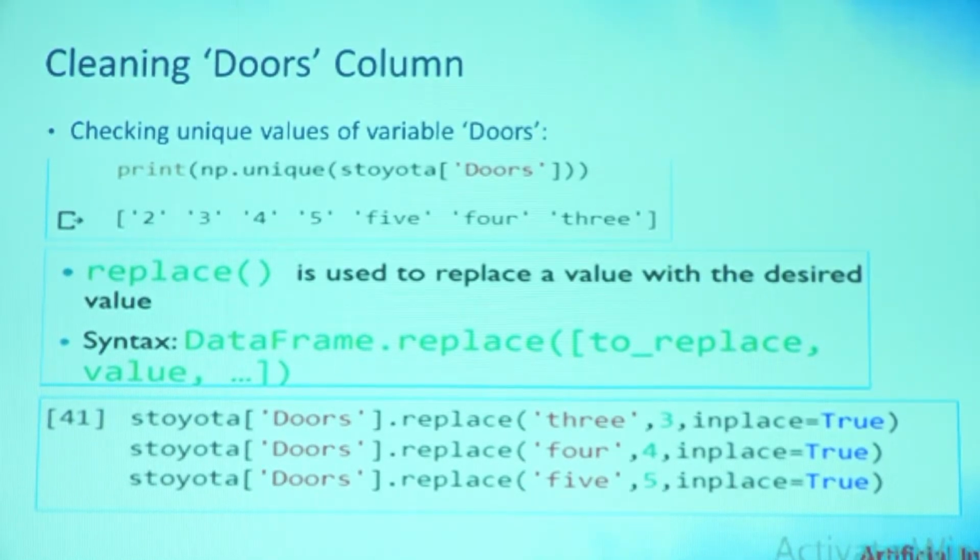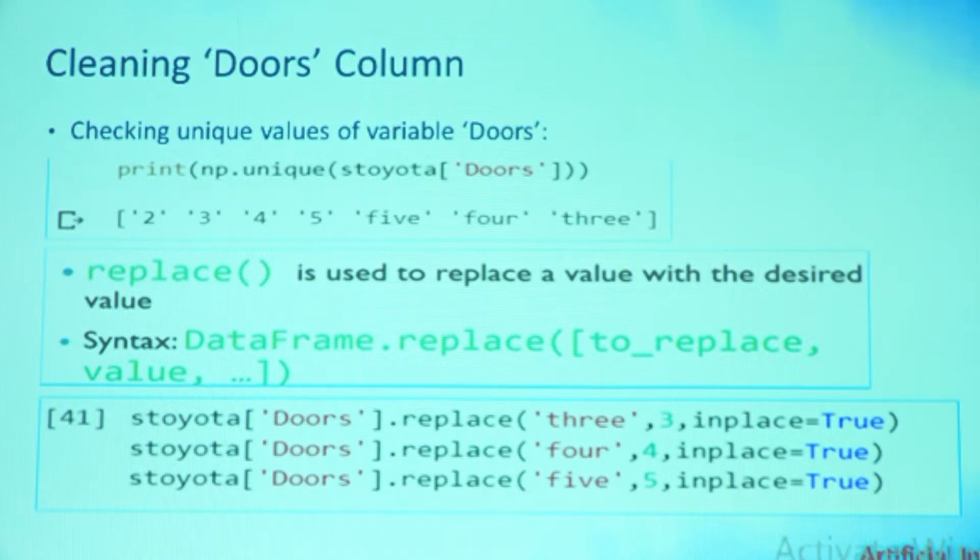At that instant it might show like that, but in your info it will not be reflected because it will not change it in your actual data frame. So info will not reflect these changes. Only if you put inplace equal to true, whatever changes you are making will be reflected on your actual data frame. Okay? So once you are replacing the string 3 with the value 3, you put inplace equal to true. All of you please do this with me.